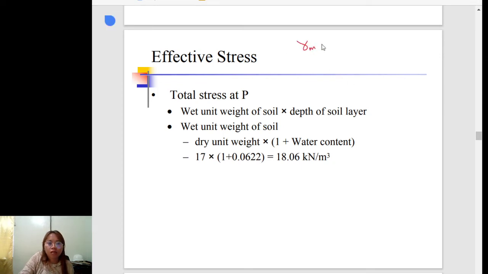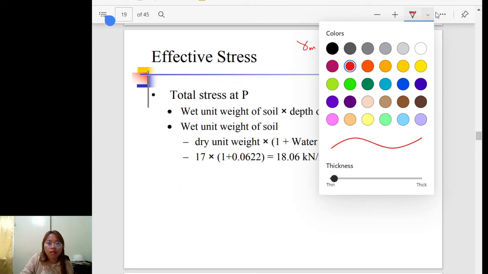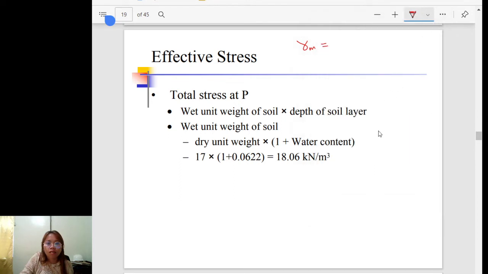Or the moist unit weight, is actually equal to the dry density, or the dry unit weight is actually equal to the moist unit weight over 1 plus water content, no?